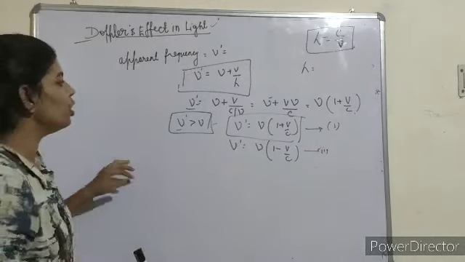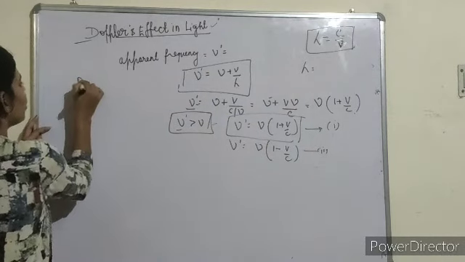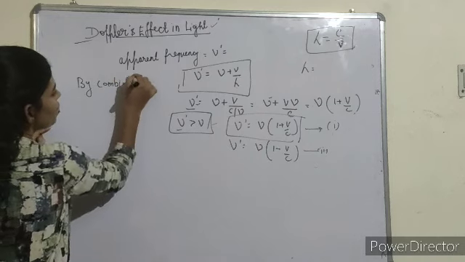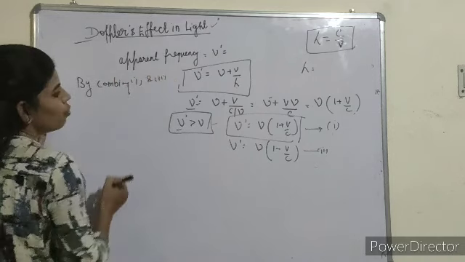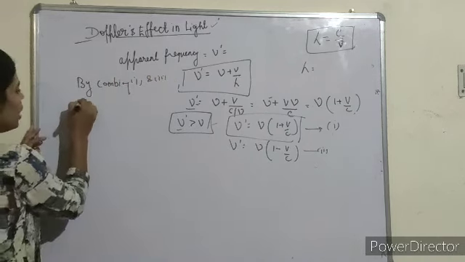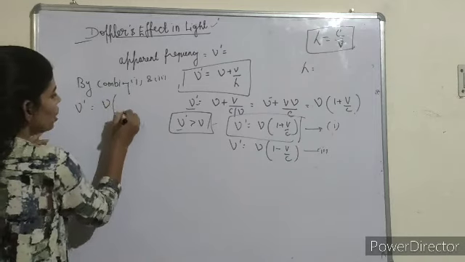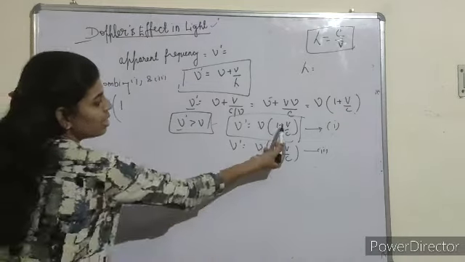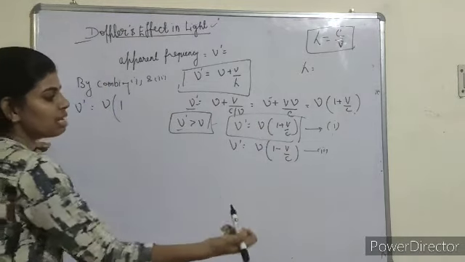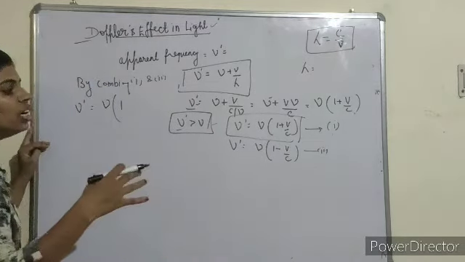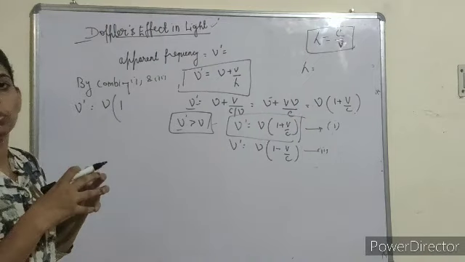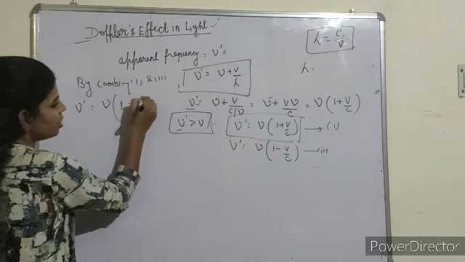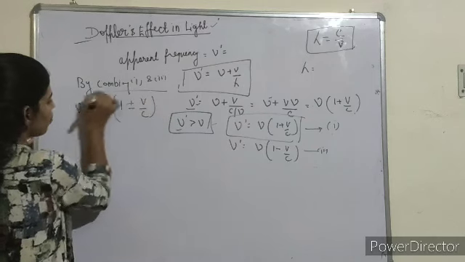By combining the first and second, we will get nu dash is equal to nu into 1 plus or minus v by c: plus sign when the distance between the two is decreasing, and minus sign when the distance between the two is increasing.